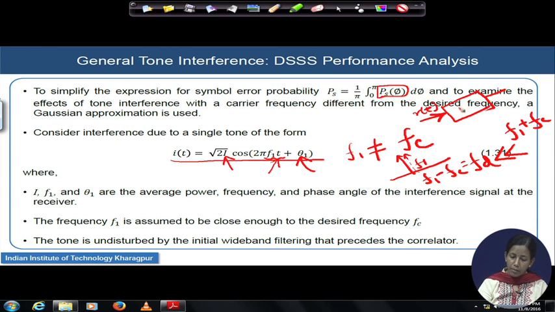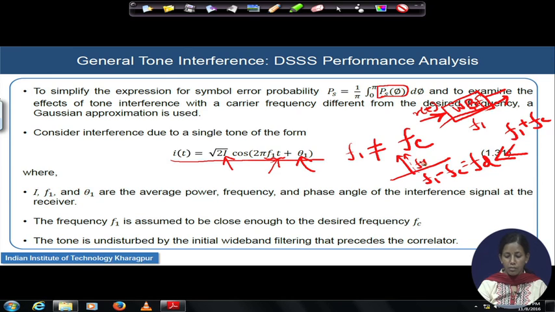But remember that when this wideband filter was filtering the signal, because of the closeness of f1 with fc, f1 was also passed through the wideband filter. So the wideband filter could not cut it out.